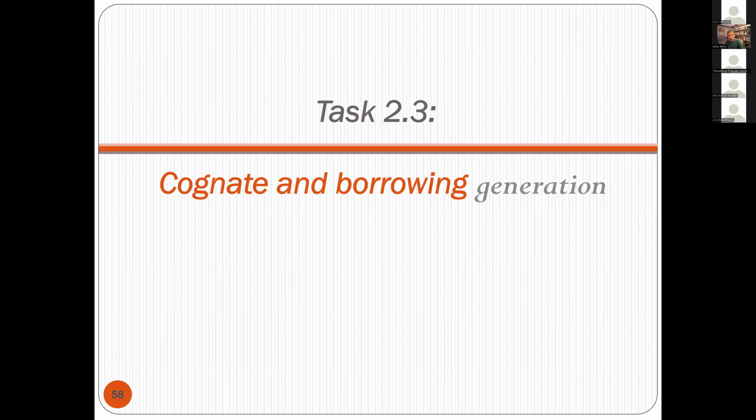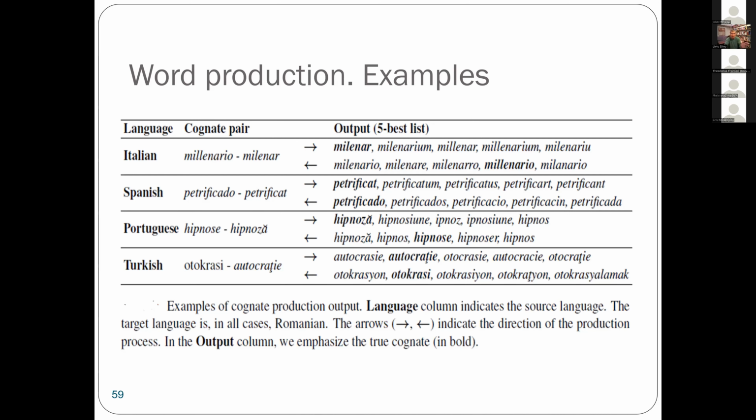And the last result, and I finish now, was to see if, when we have a cognate form, it is easy to obtain the cognate of a word given its form in one language. For example, if we have the pair millenario, millenar, and we have the Italian form millenario, it is easy to obtain the Romanian word millenar.